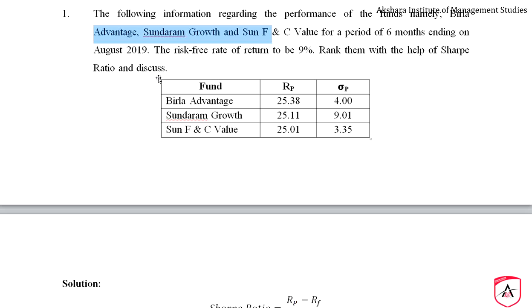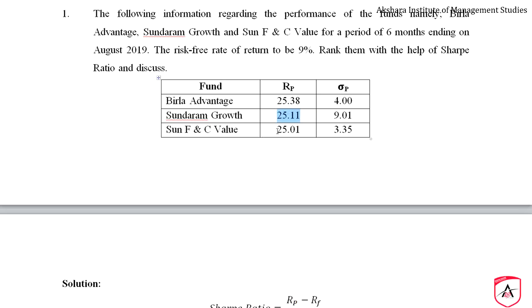Now we have got some information. Birla Advantage, return on portfolio, gives a return of 25.38%. Standard deviation, which means risk or variation in returns, is 4%. Sundaram Growth gives a return of 25.11 and a risk of 9.01.